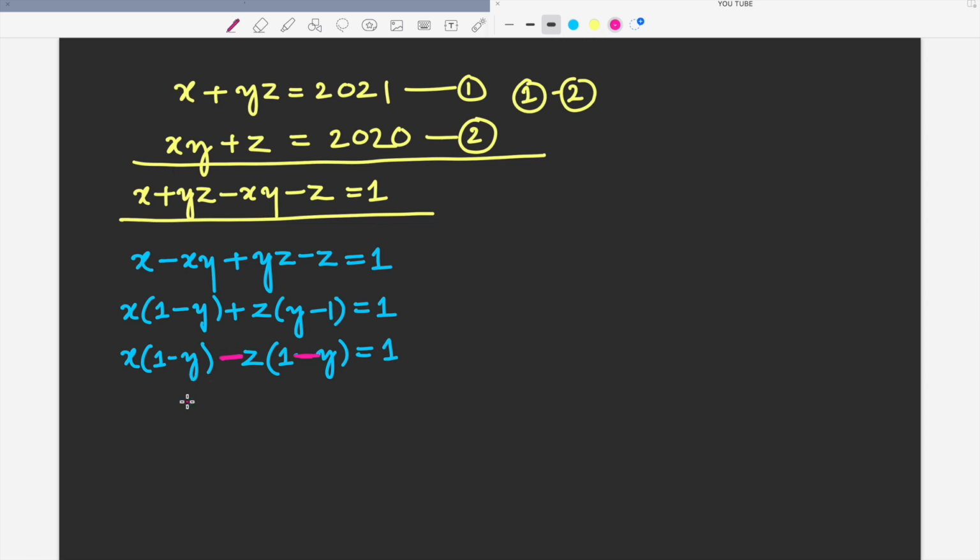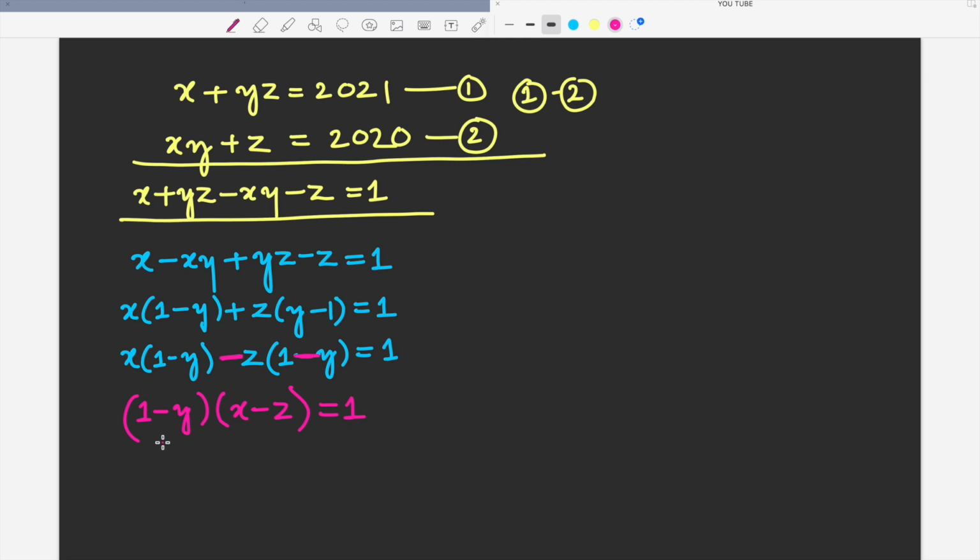Then I'll regroup it again. So we have two terms, 1 minus y and 1 minus y. So I write it as common, that is 1 minus y is one term, and what I left here, x minus z, and this entire term equals 1. So this is the first term I got here.